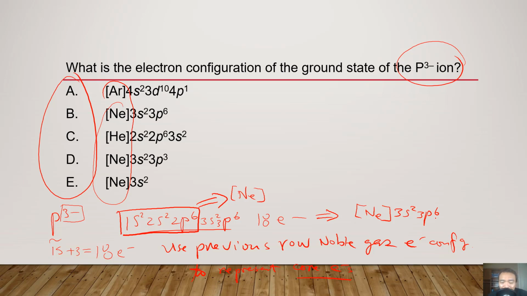This is the so-called abbreviated electronic configuration, which makes the writing a little bit easier. You always use the previous row noble gas electronic configuration in the bracket to represent a portion of the complete electronic configuration. Then you have the abbreviated form. For this reason, B is the correct answer.